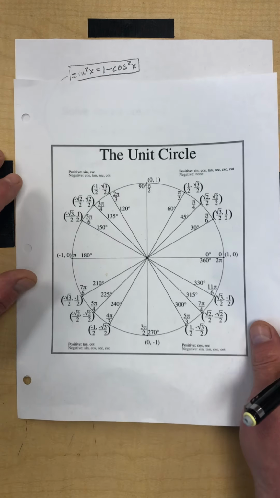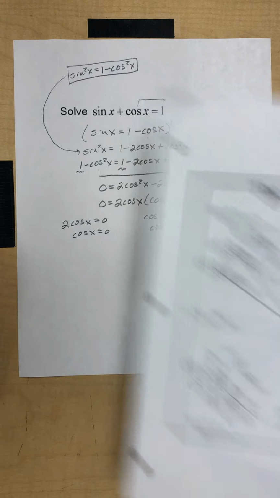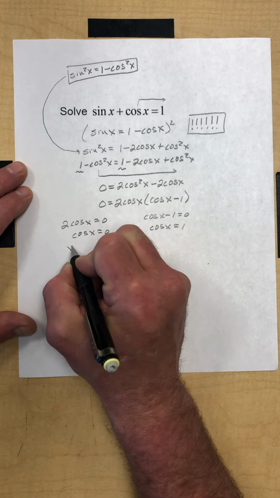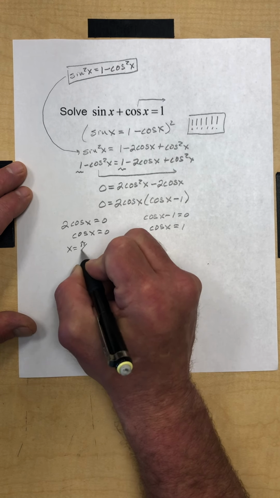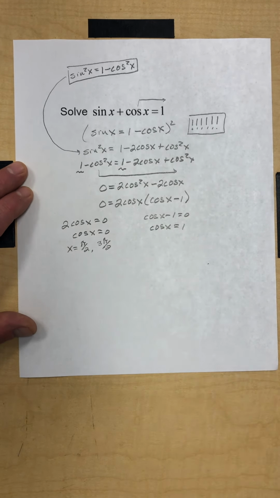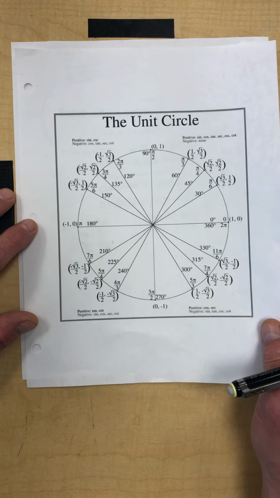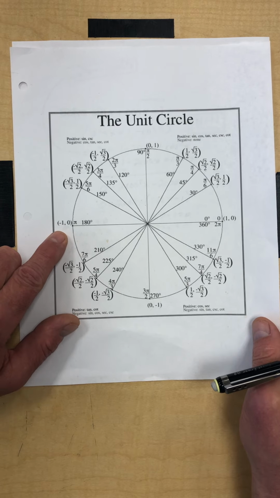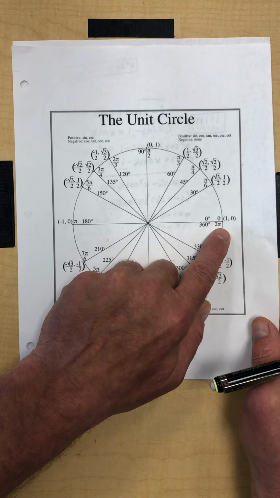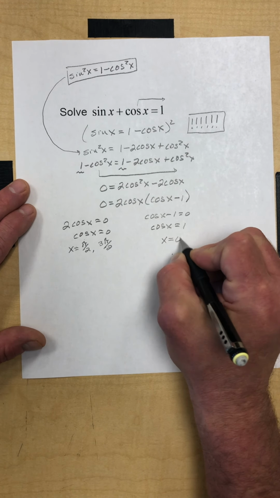Cosine is 0 at pi over 2 and 3 pi over 2, so this gives us x equals pi over 2 and 3 pi over 2. Cosine equals 1. Now remember, last time it was cosine equals negative 1, which was at pi, but now it's positive 1, so that happens at 0 radians. So this gives us x equals 0.